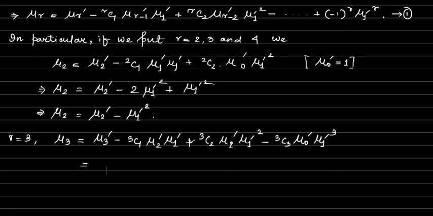On simplifying, we get mu 3 equal to mu 3 dash minus 3 mu 2 dash mu 1 dash plus 2 mu 1 dash cube. This is the value of mu 3 in terms of mu 3 dash. Similarly, putting r equals to 4, 5, 6 and proceeding forward, we will get the relations between the moment about mean in terms of moments about any point.